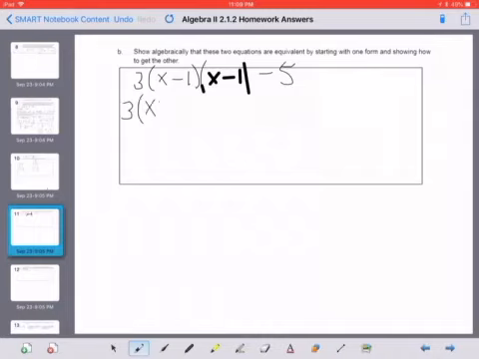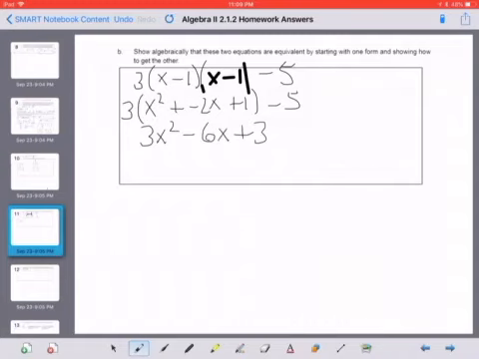I know that this is going to be x squared plus, it's actually -2x plus 1 minus 5. I have to multiply everything by 3. I get 3x squared minus 6x plus 3 minus 5. So then I get 3x squared minus 6x minus 2, which is the same equation as the other one in the problem.